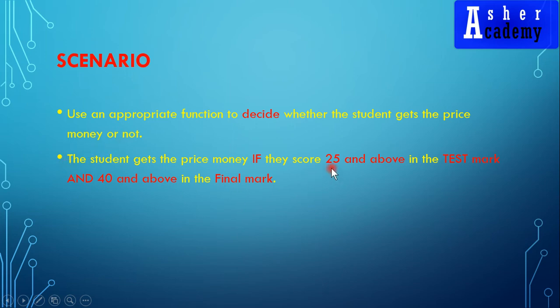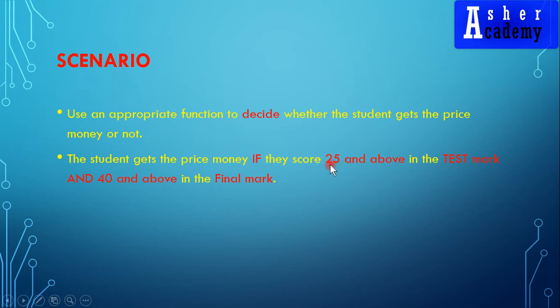We say if they get 25 and above in the test mark and also get 40 and above in the final mark, which means if the student gets 10 in the test mark and 50 in the final mark, they are not going to get the prize money, because both conditions have to be met.